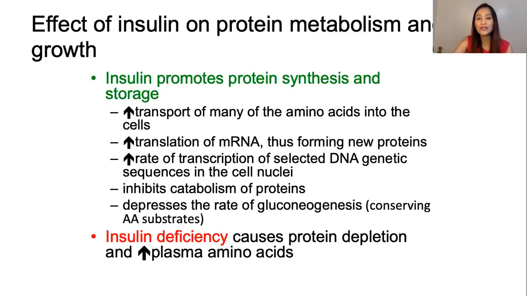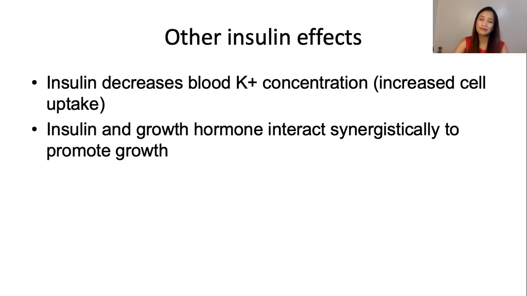So insulin deficiency causes protein depletion and increase in plasma amino acids. So it's the opposite. Other insulin effects: insulin decreases blood potassium concentration because remember your insulin increases uptake of potassium into the cells. And your insulin and growth hormone act together to promote growth and development.